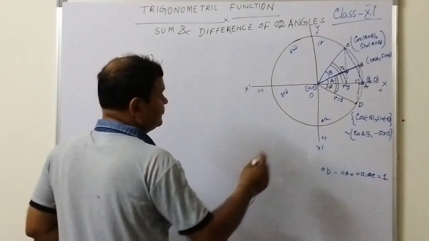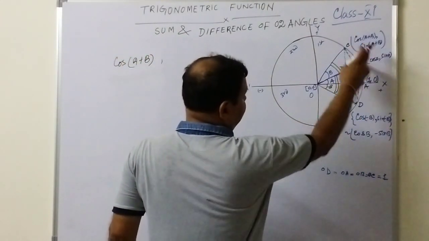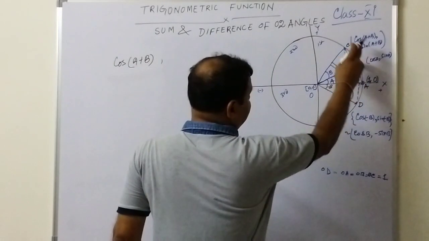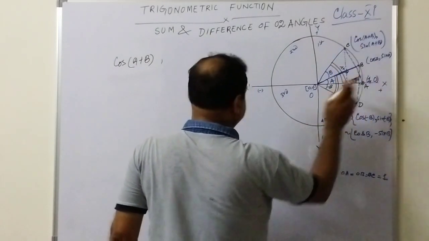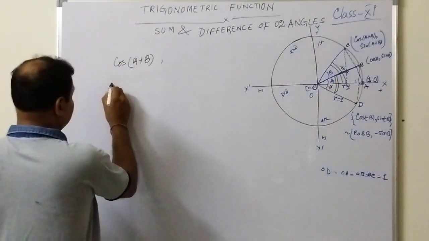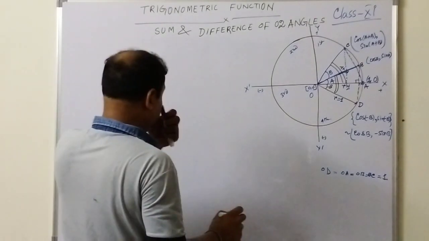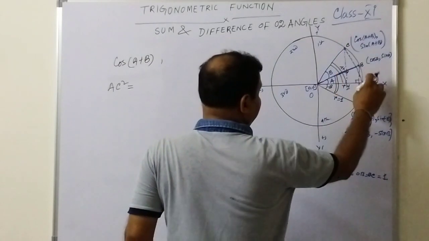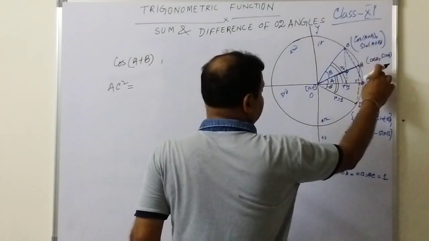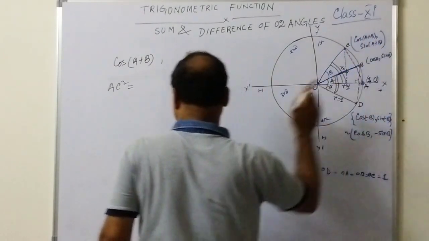So now this point C and D, this is A and C, right? Now AC square is equal to the distance between A and C, the coordinate distance between this and this.